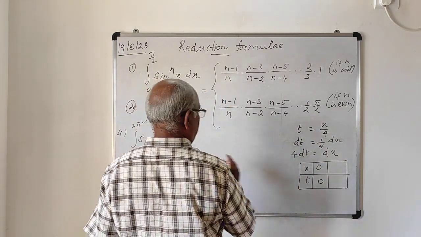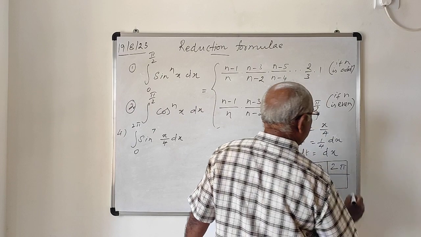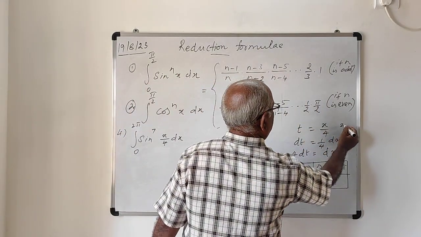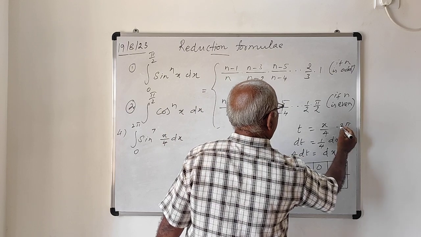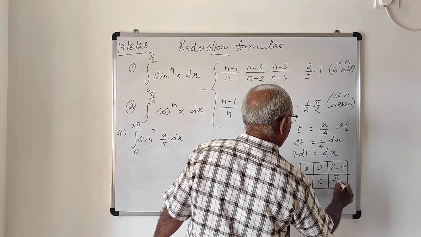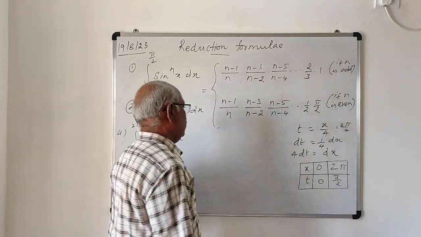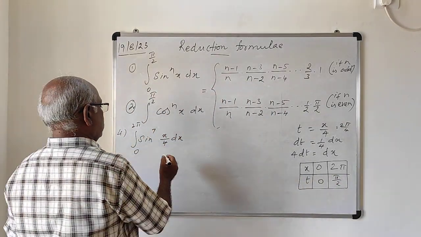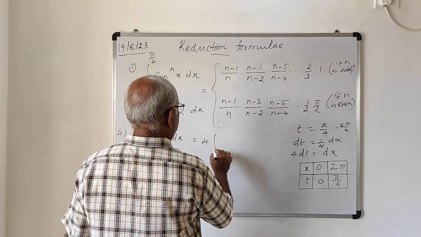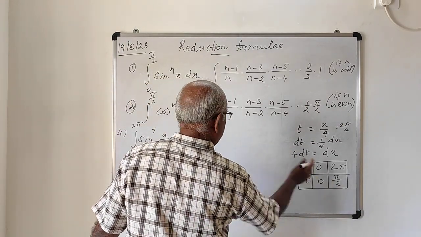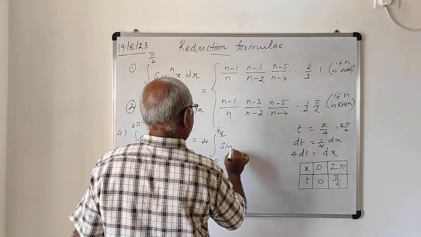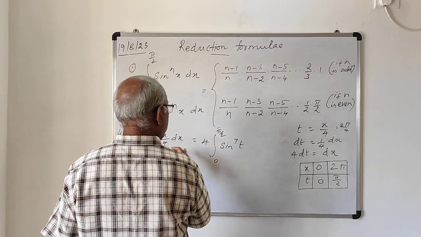When x equal to 2 pi, substituting x as 2 pi, that is 2 pi by 4, which is equal to pi by 2. Now the problem reduces to standard form: the integral 0 to pi by 2 sine power 7 t, with 4 dt.